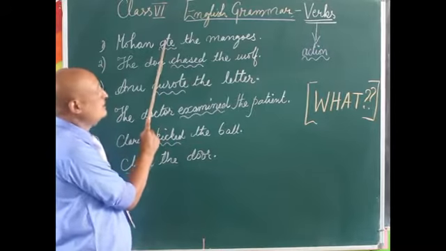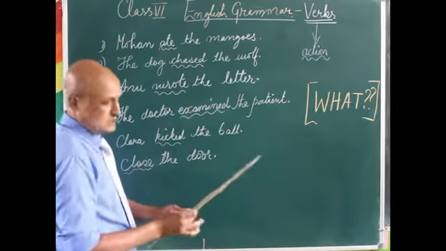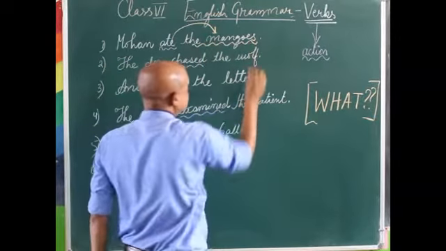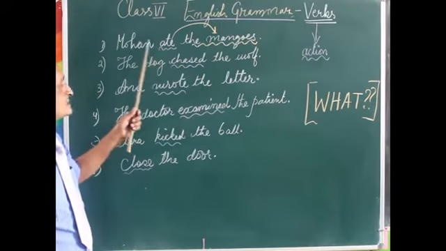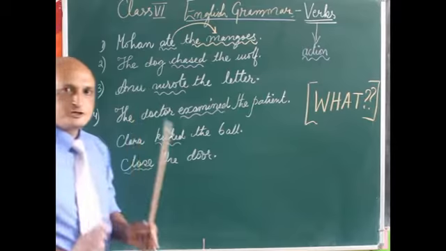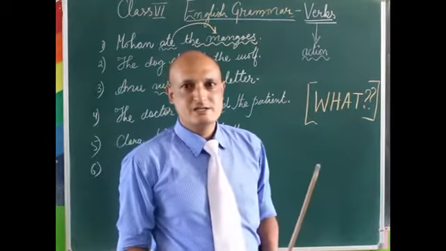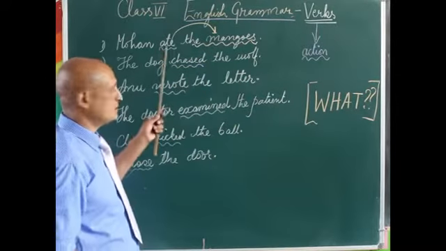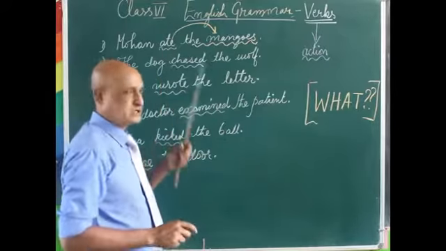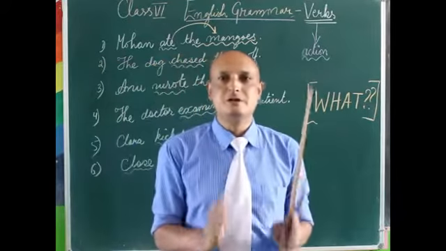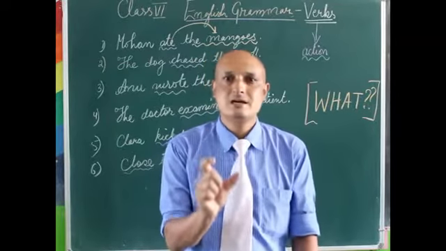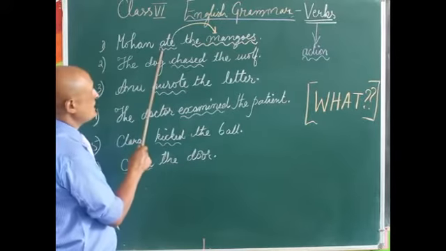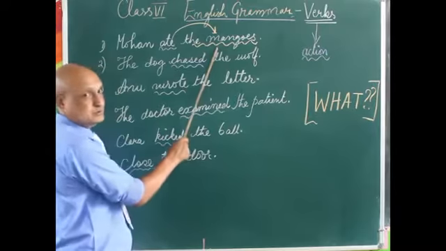The mangoes. So the mangoes here is the direct object of the verb ate in the sentence. After questioning what to the given verb, whatever answer comes first, the straight answer, is the direct object. So in the first sentence we have Mohan ate. Ate what? Mangoes. Got it?